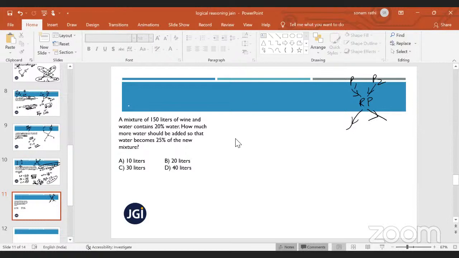Now I'm telling you, instead of price P1, P2 and resultant price, you can take concentration also. So 20% concentration, 25% concentration, you can take in this formula. Instead of P1, RP and P2, you can use concentration percentage. Now try to do this question.